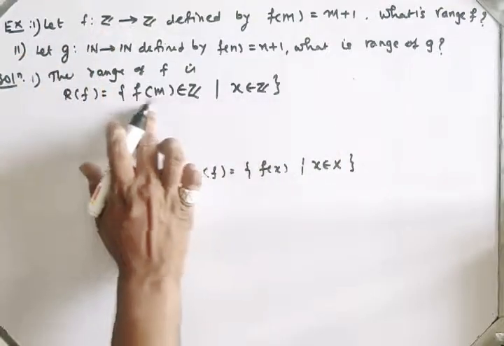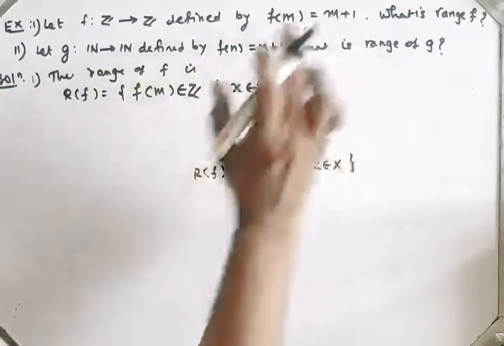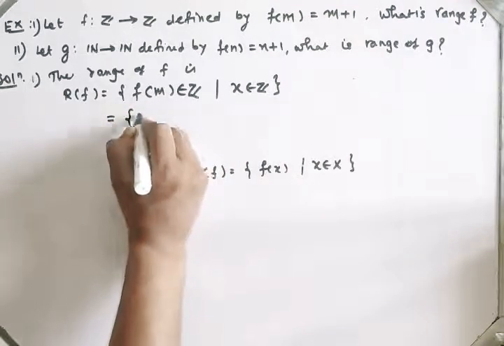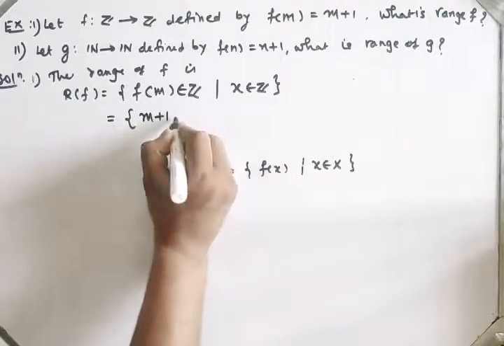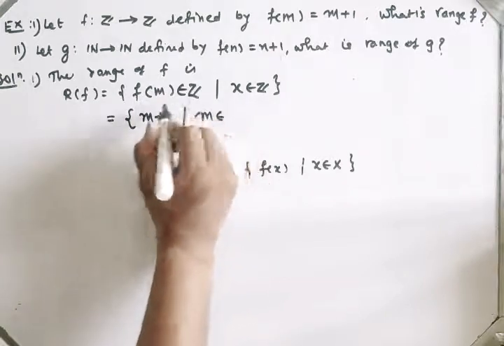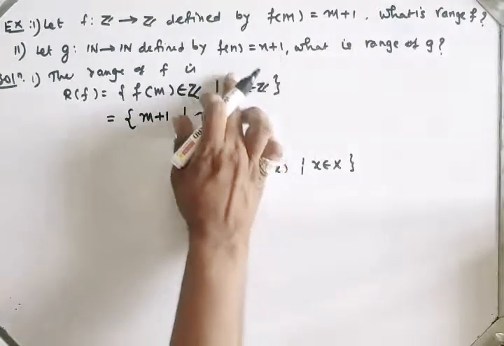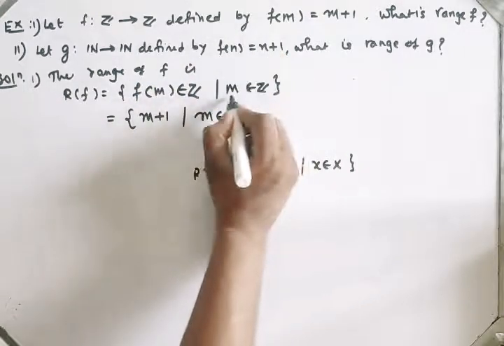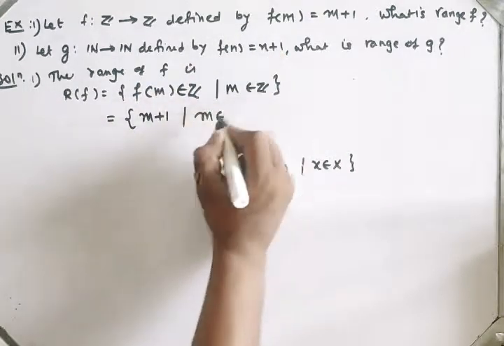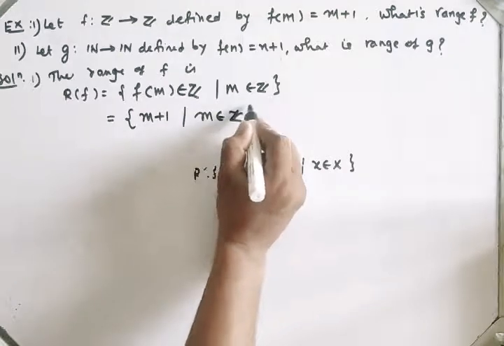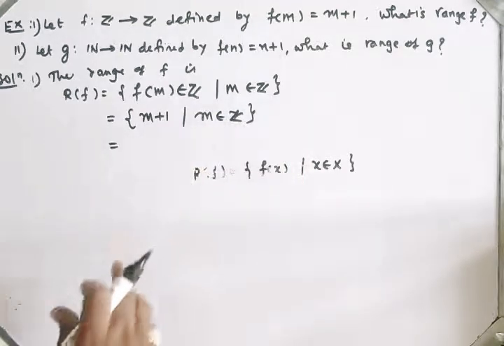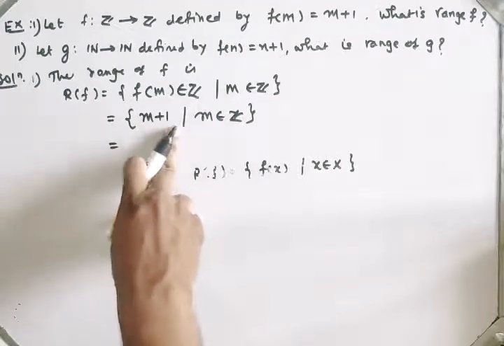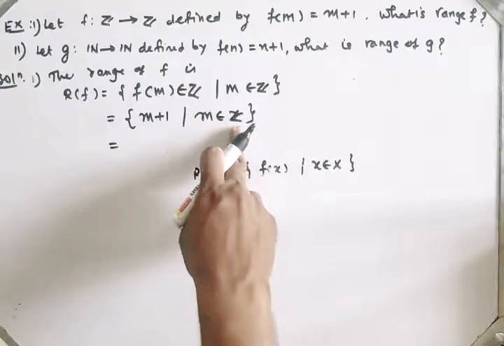So what is our function defined here? f of m is equal to m plus 1. So I will write f of m as m plus 1 such that m belongs to the set of integers, m belongs to Z. Therefore, all the values are of the form m plus 1 where m belongs to the set of integers.